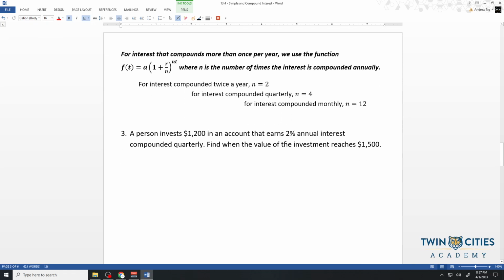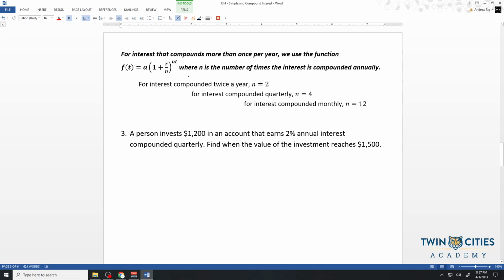So we just talked about interest that compounds once per year. Well, what does it mean to compound more than once per year? For interest that compounds more than once per year, we use the function f of t equals a times 1 plus r over n to the nt.